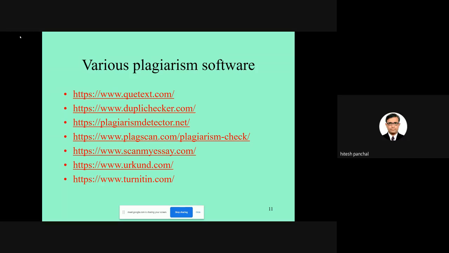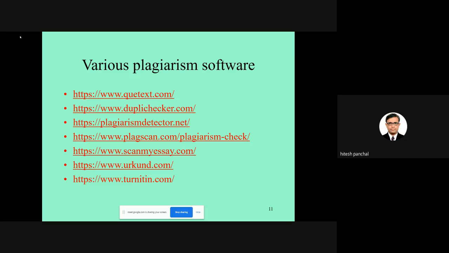Now Urkund software and Turnitin software are paid software. Generally in Gujarat Technological University at present, some of my research scholars are there in GTU, and they use the Urkund software. Turnitin software is globally accepted, and I am also using Turnitin software.